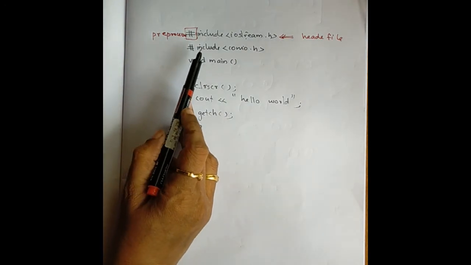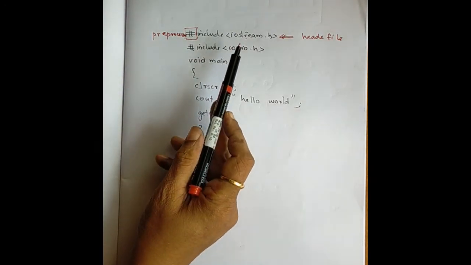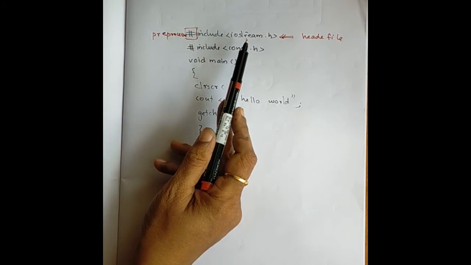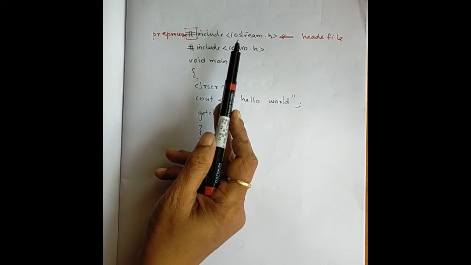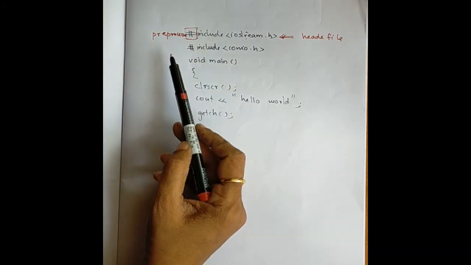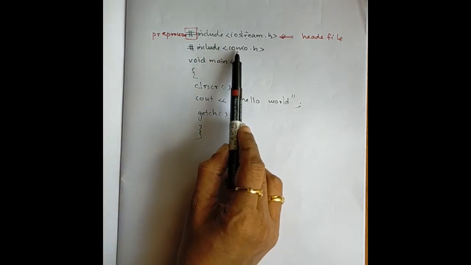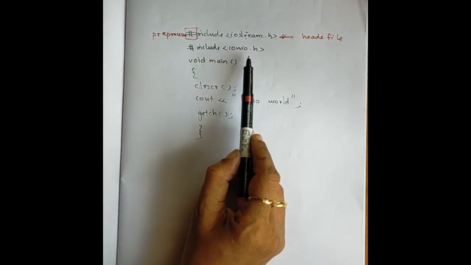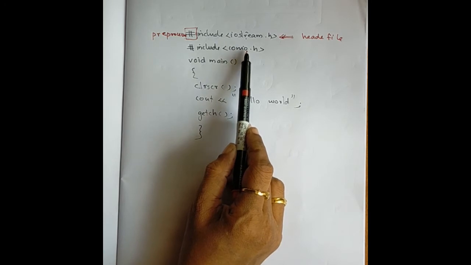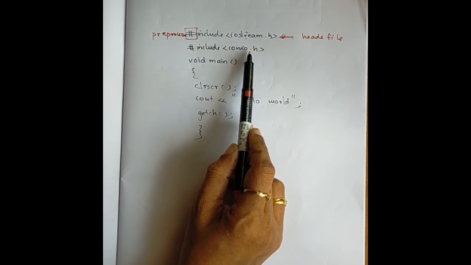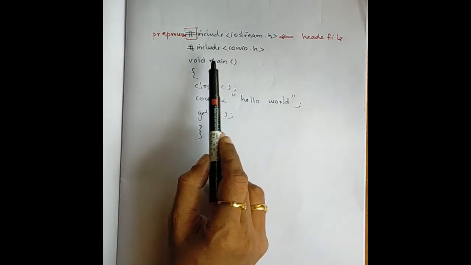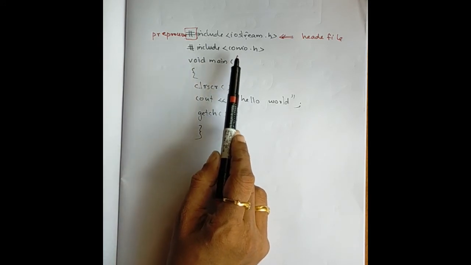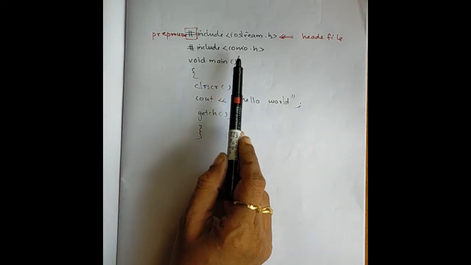It includes the library functions, that is the library of C++, into the program before the execution of the program. And the next header file is conio. It stands for console input and output. It is used to show the output on the console window.